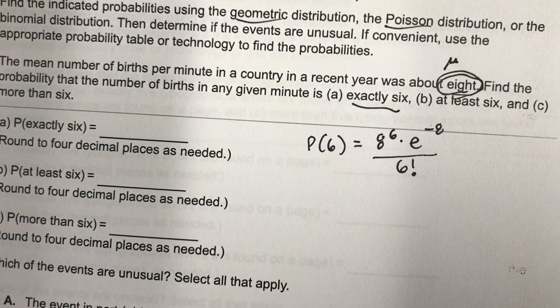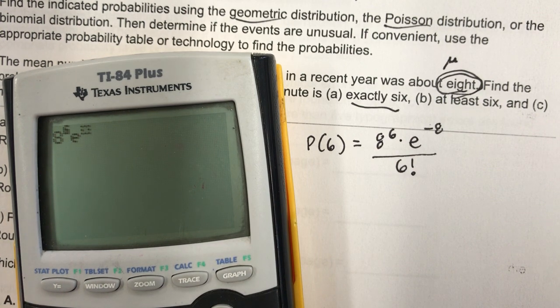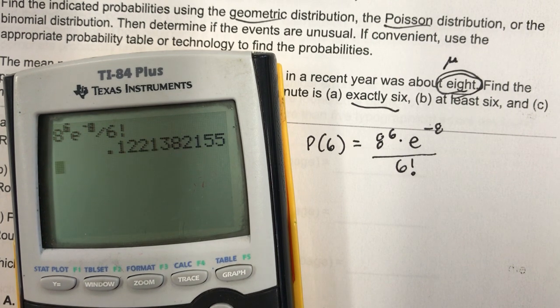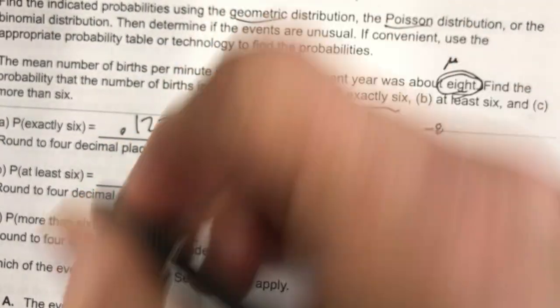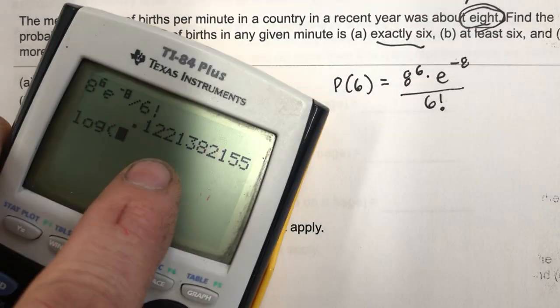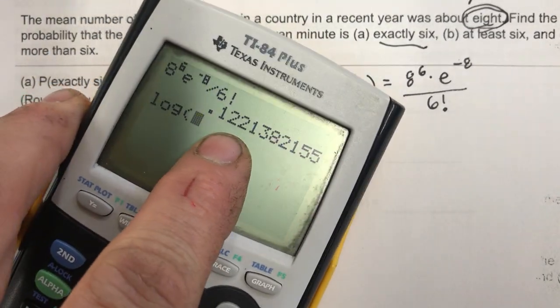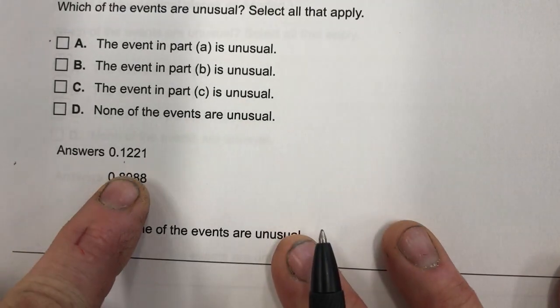So I just punch in the calculator. 8 to the 6th power, then e to the negative 8 power, and divide by 6 factorial, which is 0.122122. And we're supposed to do it to 4 places, so 0.1221. There you go, 0.1221.